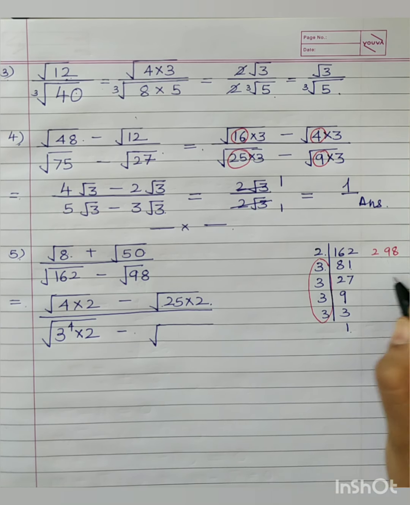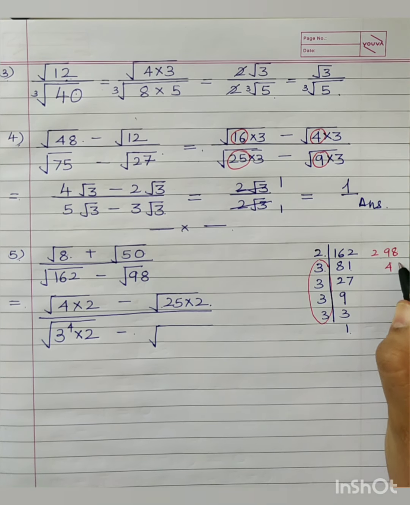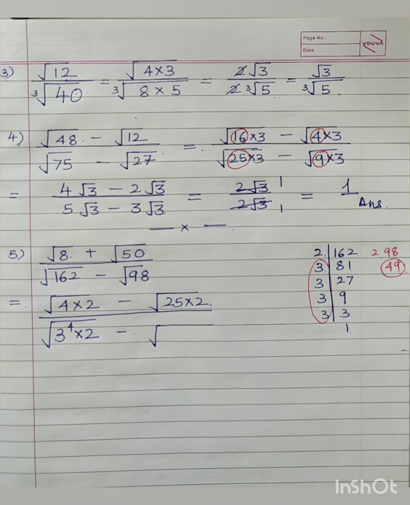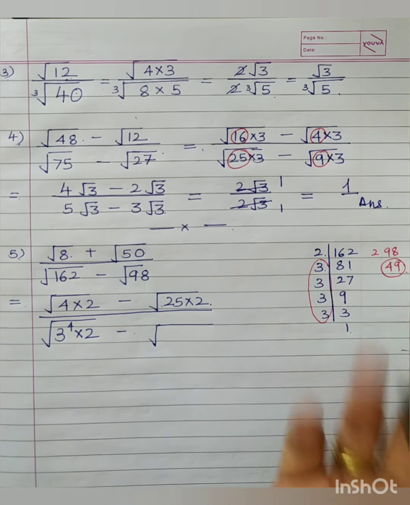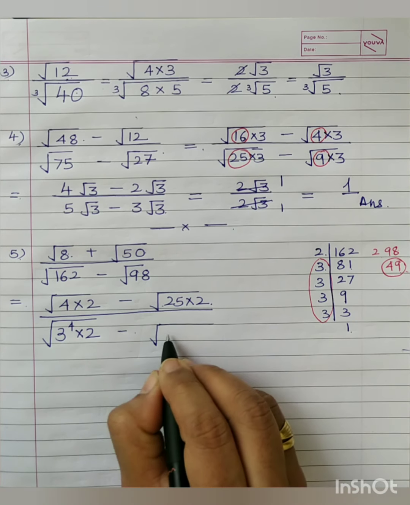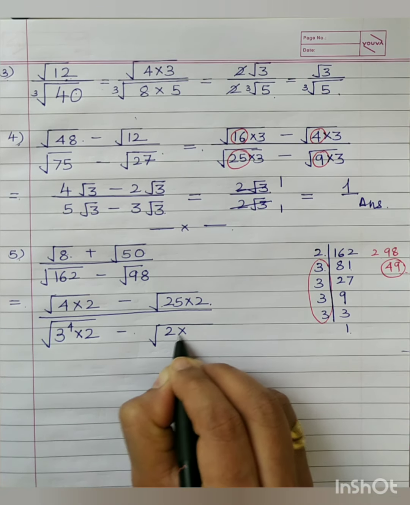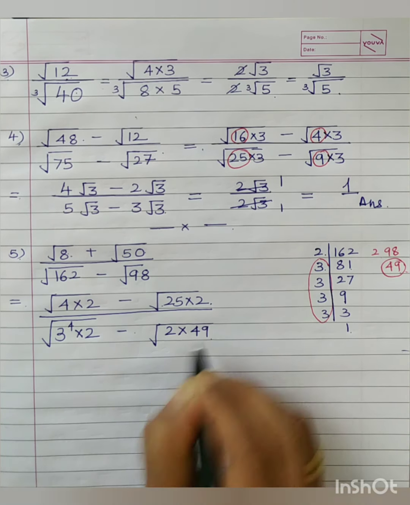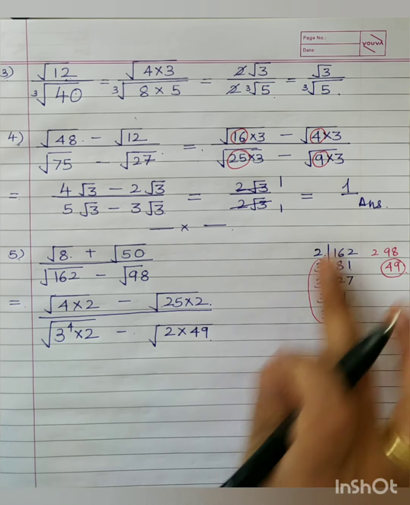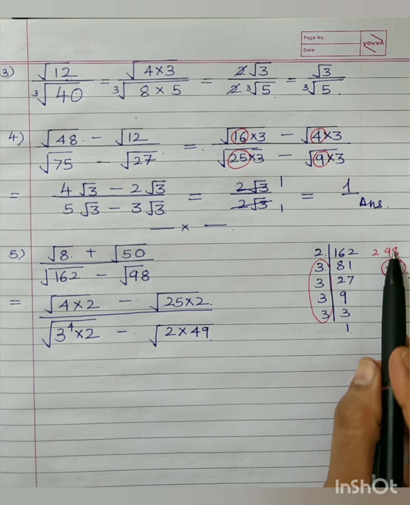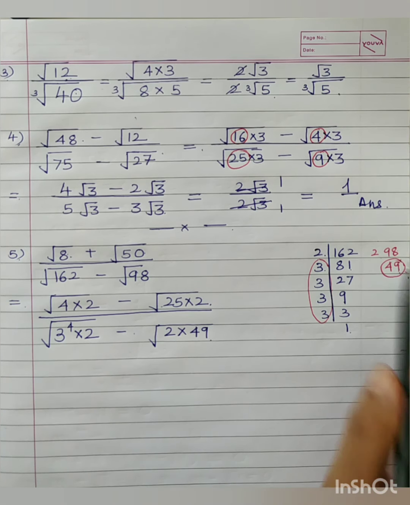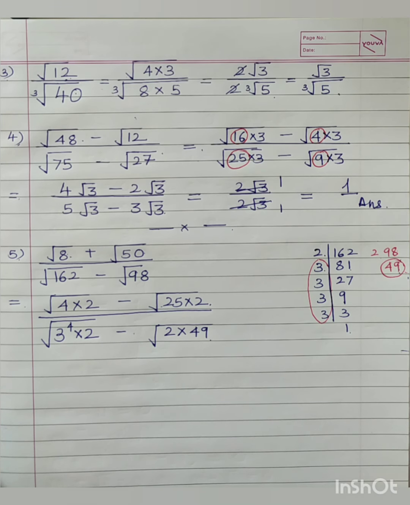So again it will go by 2, and immediately you get a perfect square number. If you get it, well and good. If not, there is a way you can get it. Do not give up. So 2 into 49. All possible ways I have taught you this. In your mind you have done this fully, and you have got it in indices form. This is a shortcut you have used. The moment you have got the perfect square factor, you stop and write it as it is.